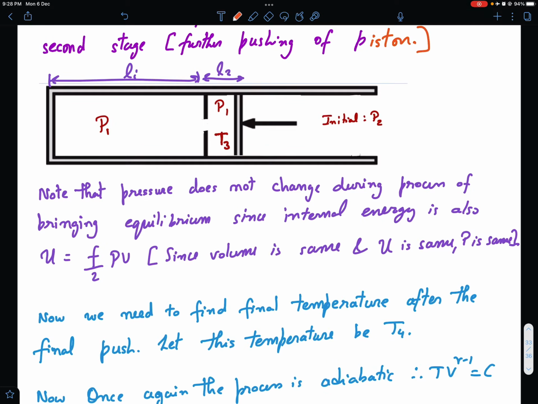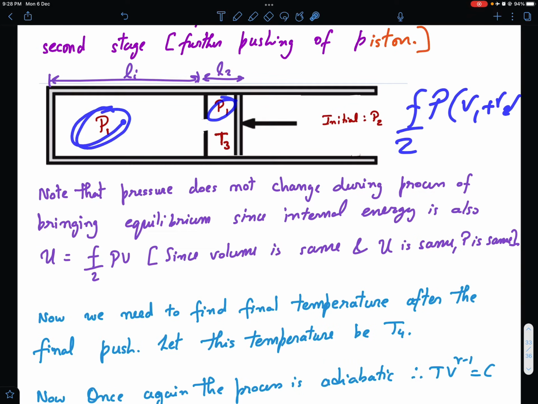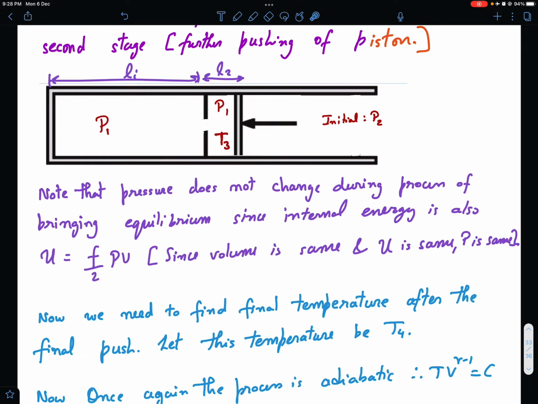Internal energy is f by 2 nRT, or f by 2 PV, where f is the degrees of freedom. So f by 2 into the left side pressure P1 into this volume, plus f by 2 into this pressure into this volume, and these two pressures are equal, should be equal to f by 2 into the final pressure into V1 plus V2. Since P1 and P2 are already equal, the final pressure is also going to be the same, so there is no chance of the valve closing again.